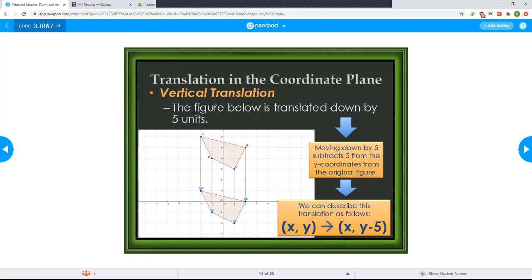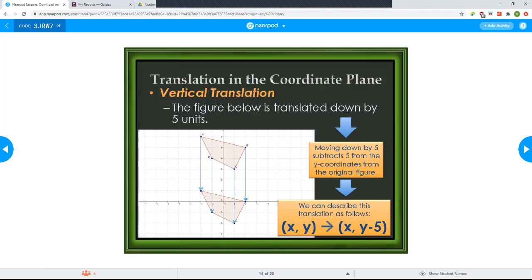Vertical translations are going to deal with your y coordinates. So if you're moving down 5, you would have your A point, and it would go down by 5. 1, 2, 3, 4, 5. I could also take our y coordinate, which is 6, because this would be at -2, 6.